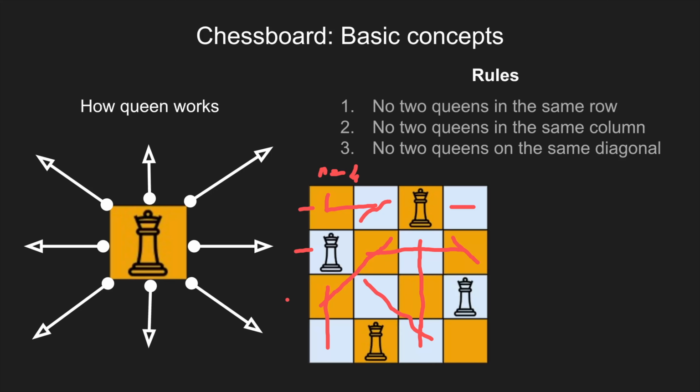If we see the third placement, that is on the fourth column and third row, this row is empty, in this column no queen is placed, in this diagonal and in this diagonal no queen is placed. So this also satisfied the three rules.